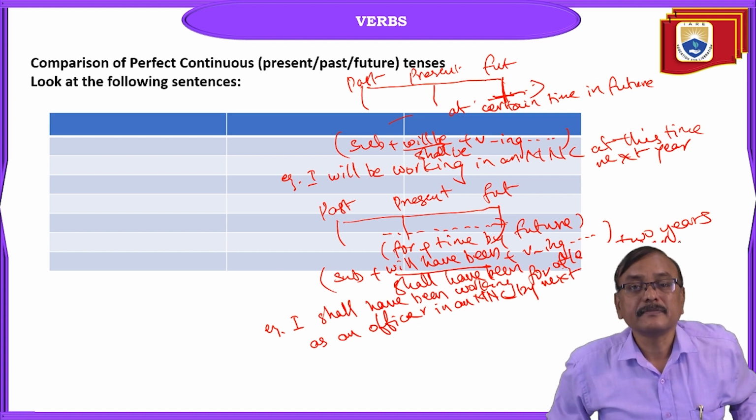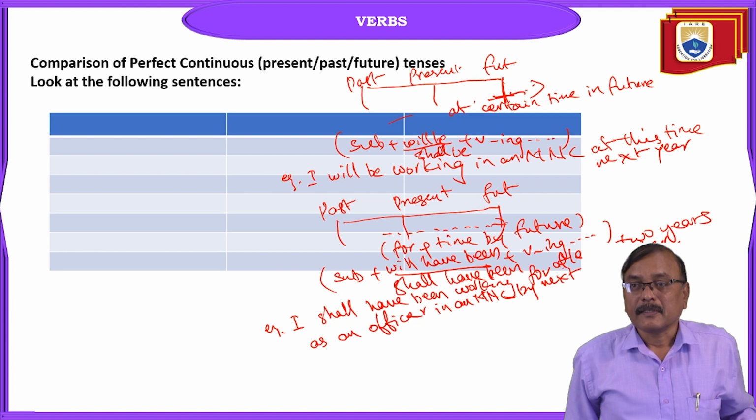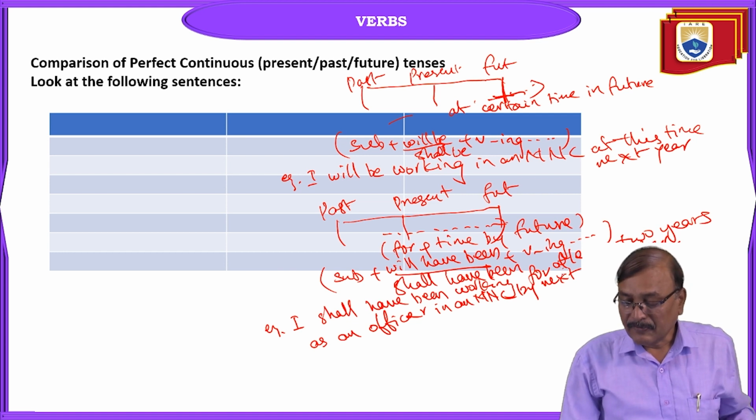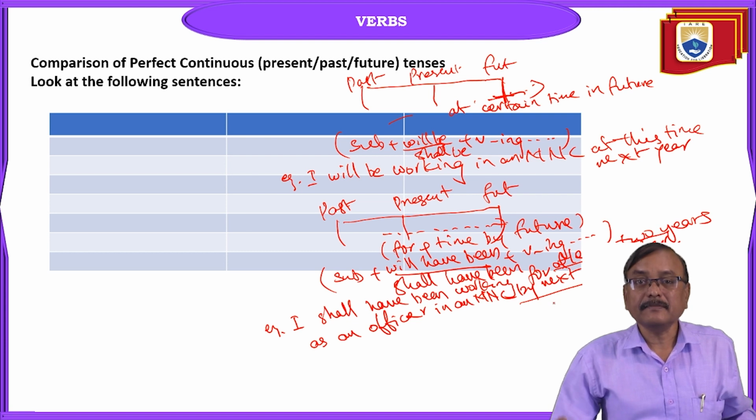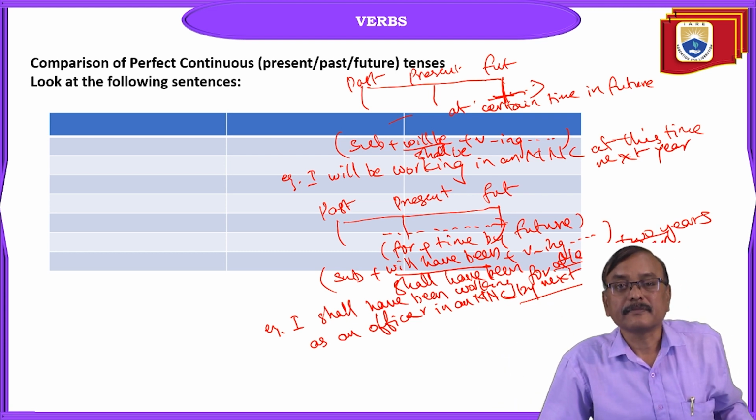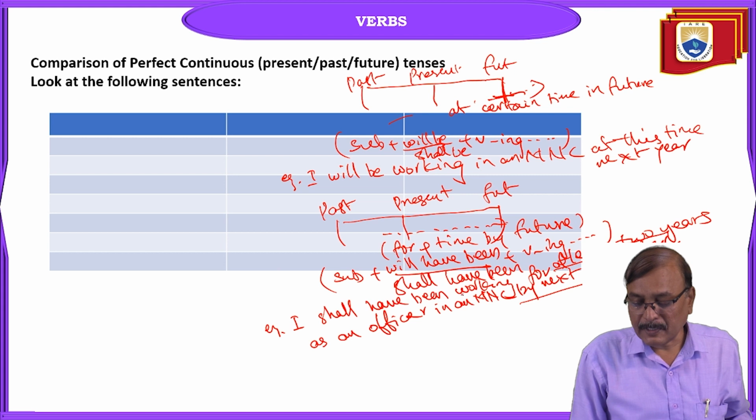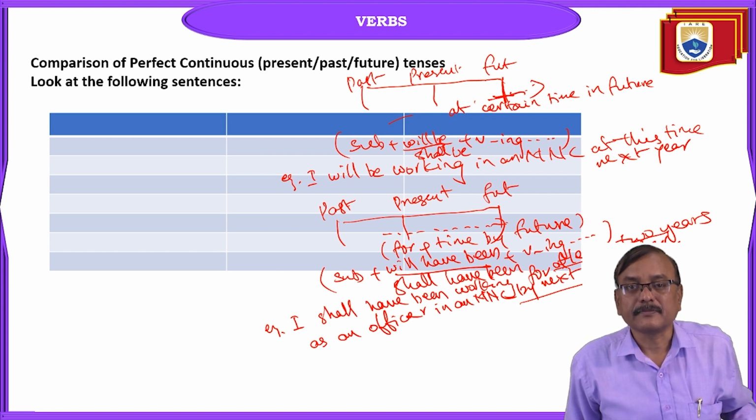You see. So what is it here? For at least 2 years by next December. For plus time by future. Okay, that is future perfect continuous tense.